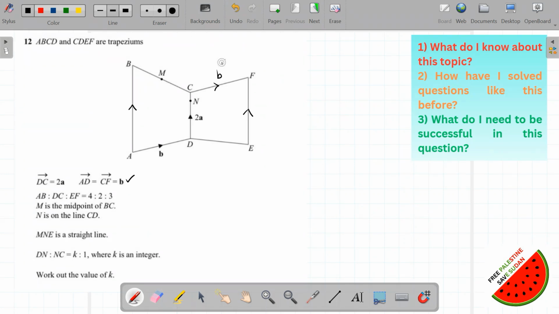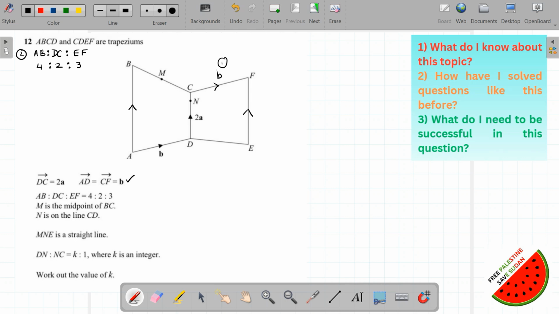So this is the first thing I've done. Second thing, I'm going to write small because I don't have much space around this question. AB to DC to EF is in the ratio 4 to 2 to 3.